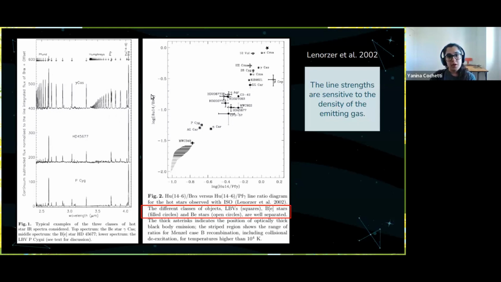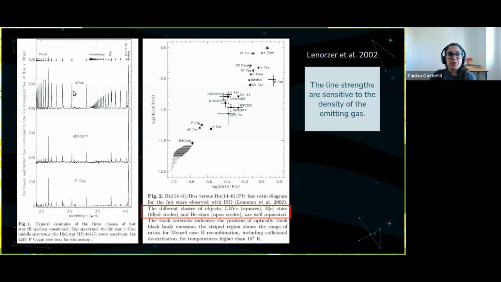the line flux ratio in this diagram, and they also put the optically thick limit, the ratio that we expect if the envelope is optically thick, and the position if the envelope is optically thin.